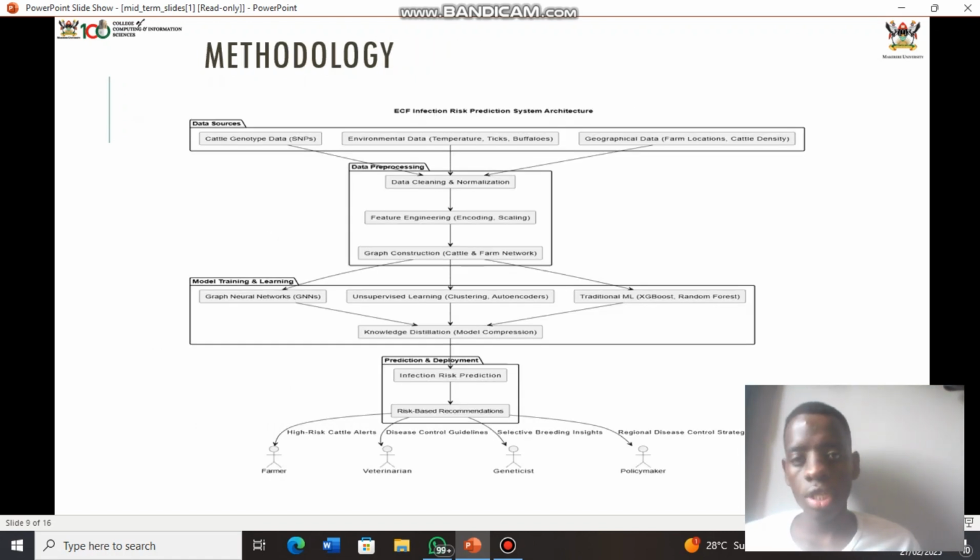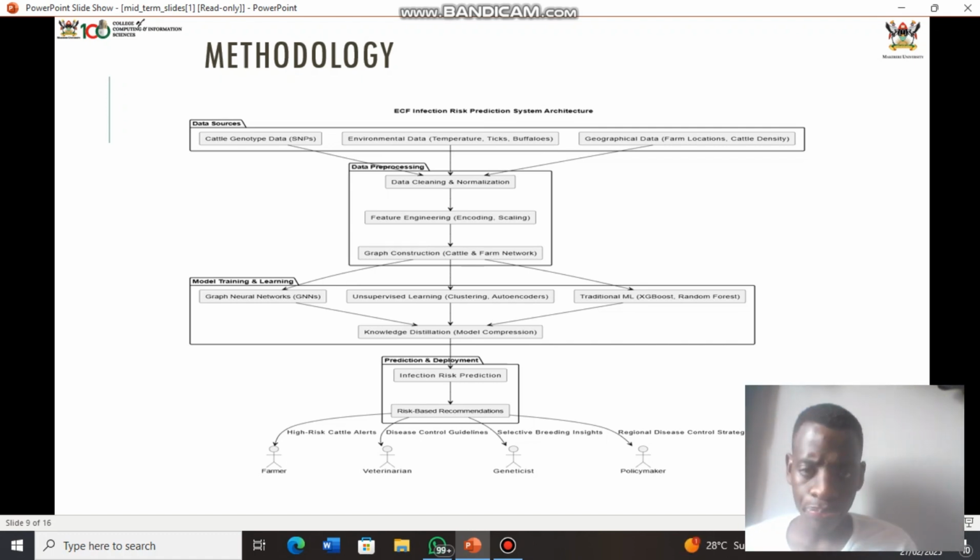To talk about the methodology: at first we have the dataset, which includes the cattle genotype, environmental data such as temperature, tick exposure, and Cape buffaloes, and geographical data including the farm locations, for example the longitudes and latitudes, and the cattle density in a particular area. We moved on to data pre-processing, which includes data cleaning and normalization, and also feature engineering, encoding, and scaling.